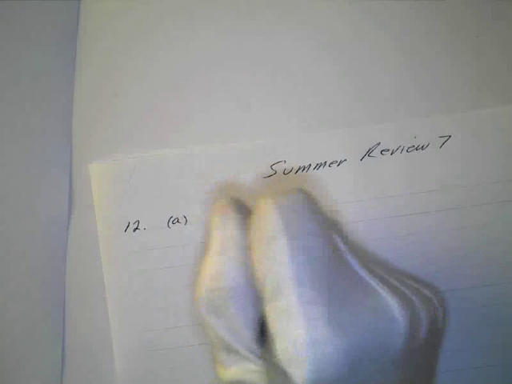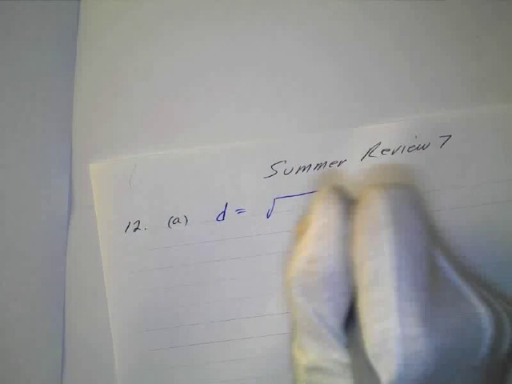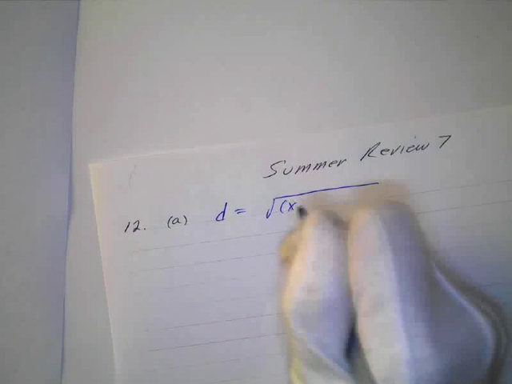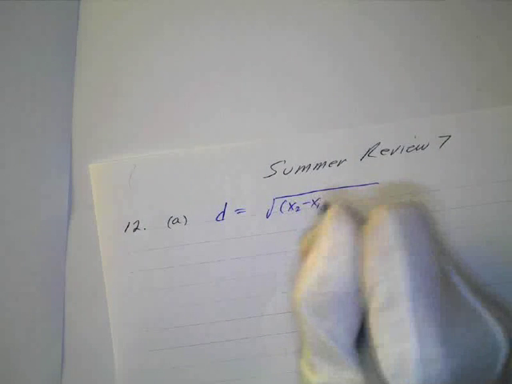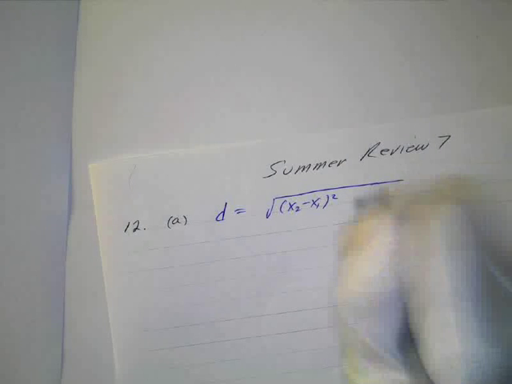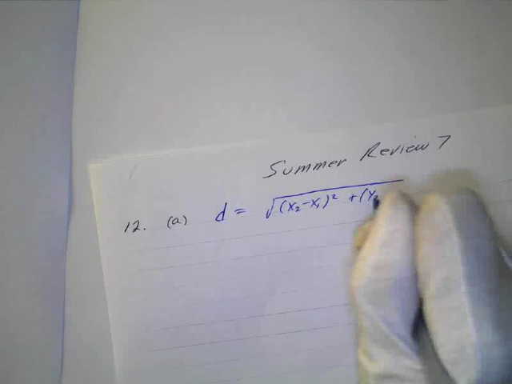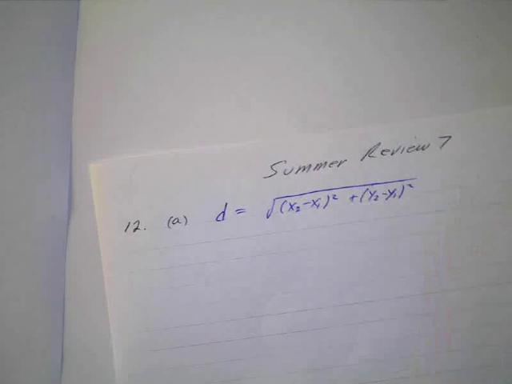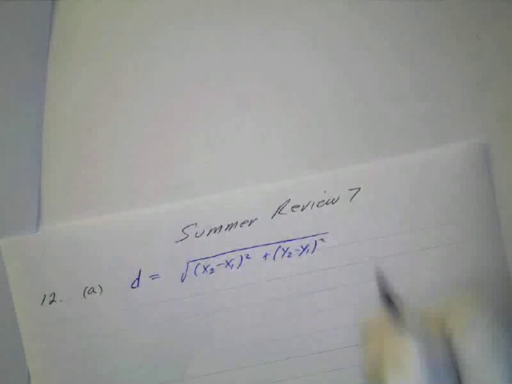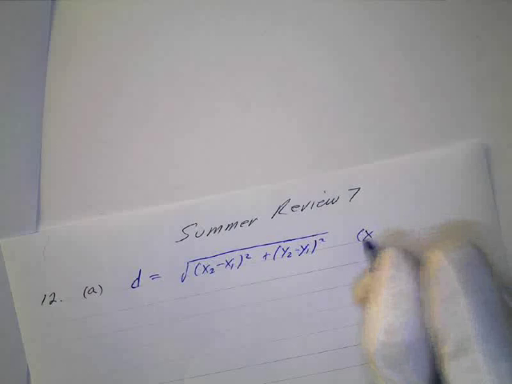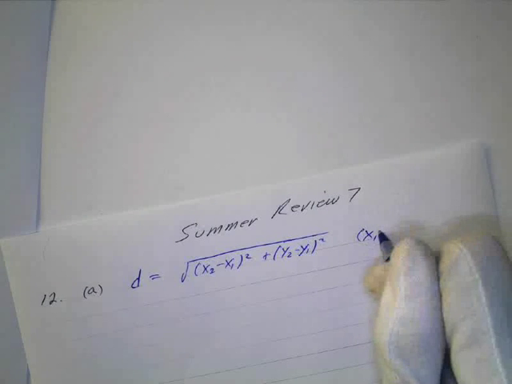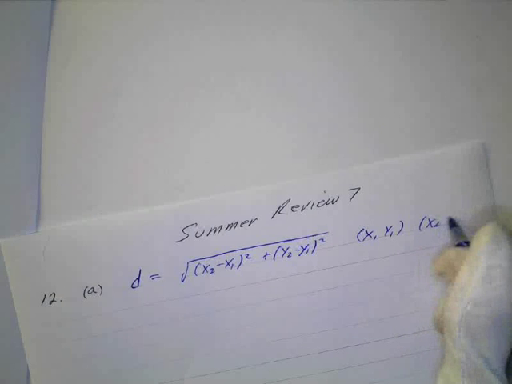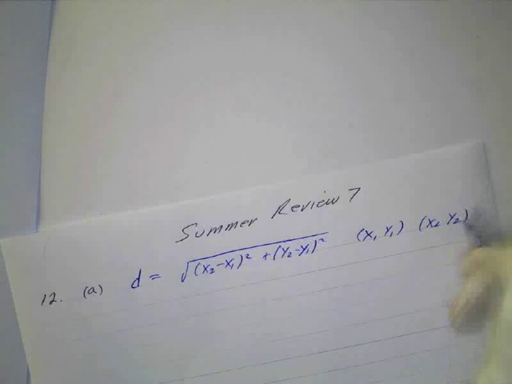Remember the distance formula, that equals the square root of x sub 2 minus x sub 1 squared plus y sub 2 minus y sub 1 squared. And my points here would be x1, y1, x2, y2.